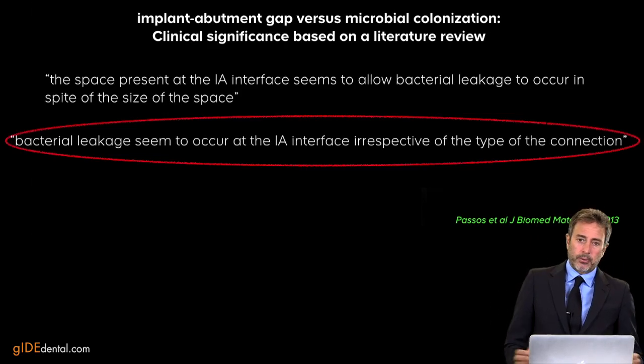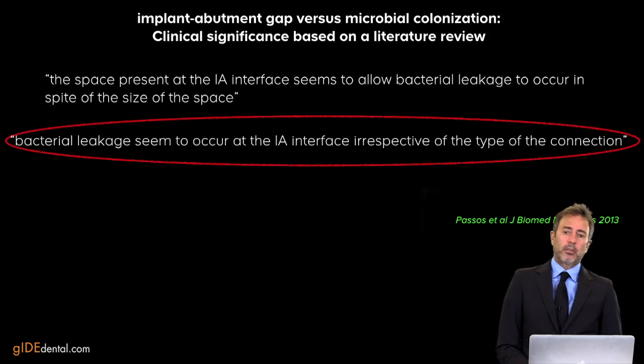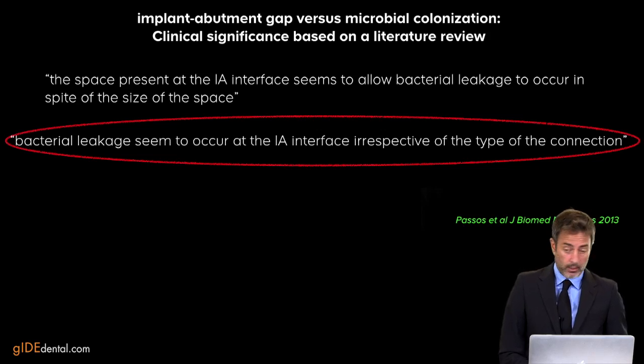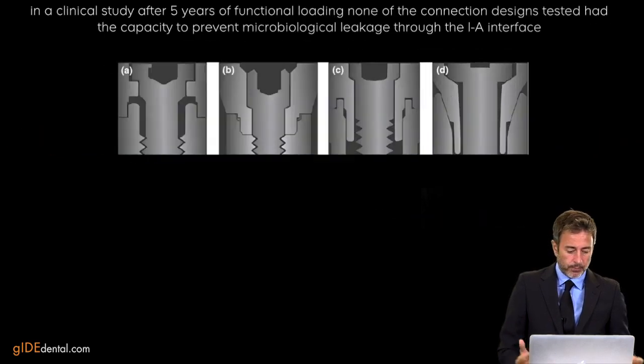What about the gap? Let's start with the gap. We know that there is no perfect gap. We have bacterial leakage that occurs in any implant abutment interface, irrespective of the type of the connection, and this we have to accept.